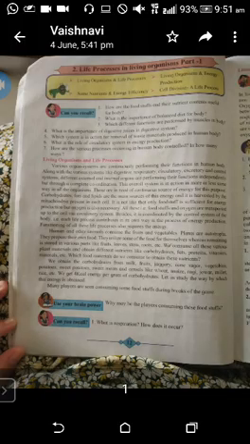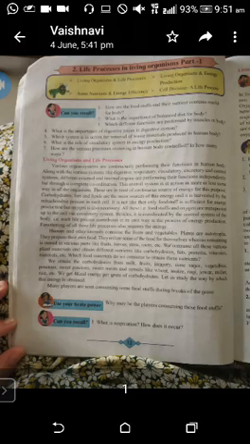Then the second question is asked: what is the importance of a balanced diet? Now this also you have learned in the 6th standard. So what is the importance of a balanced diet?